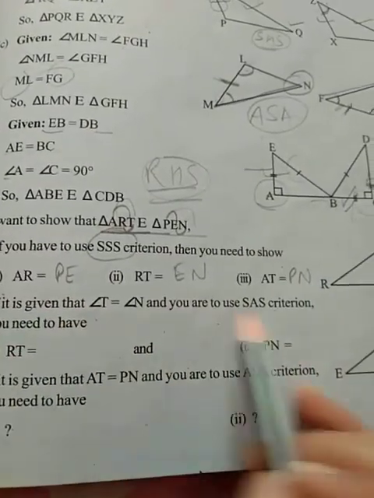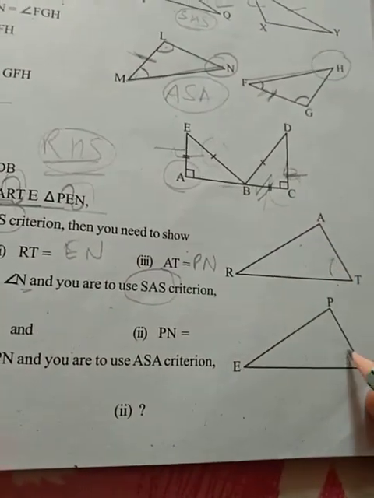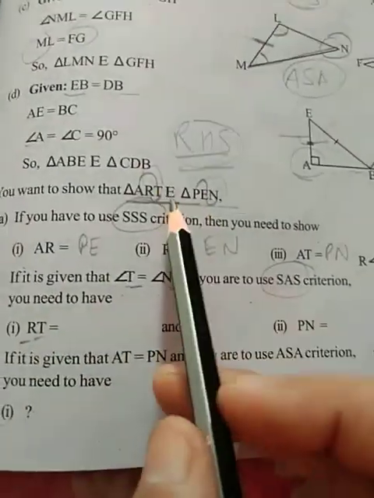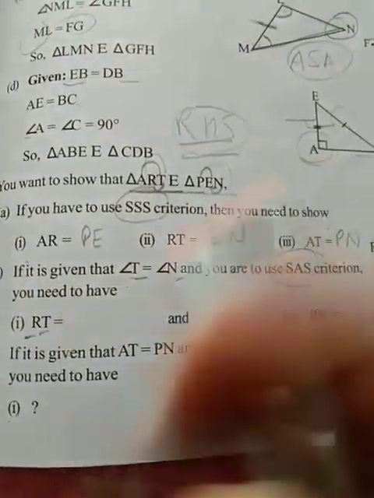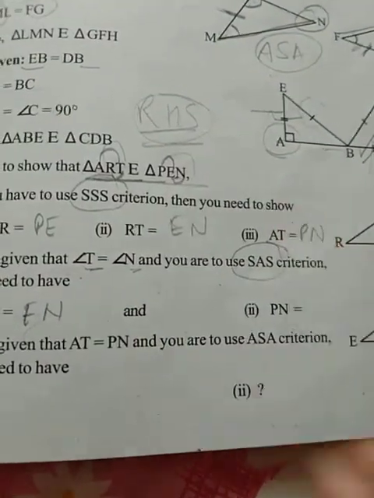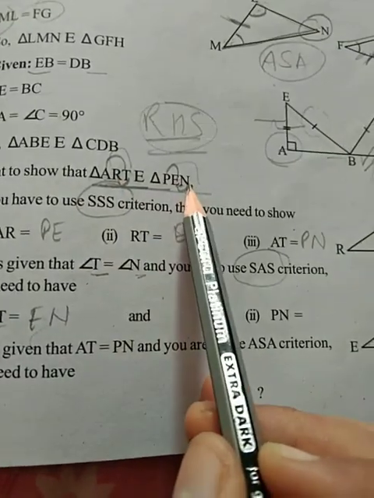If you have to show by SAS criteria, angle T equals angle N is given. See, RT will go with EN, and PN will go with AT.